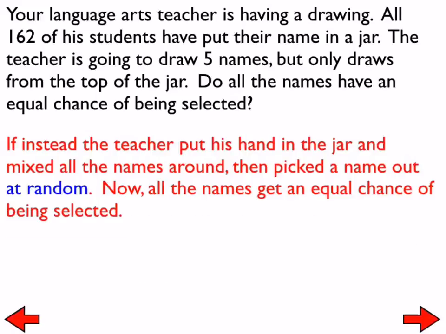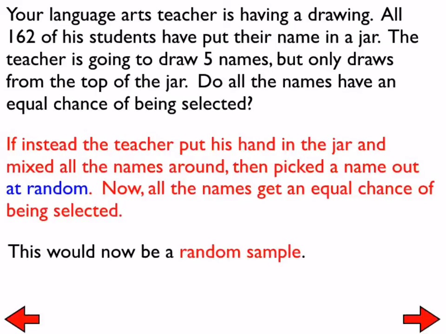All right. So if instead the teacher puts his hand in the jar and mixes all the names around, then picks a name out at random, now all the names have an equal chance of being selected. Okay? This would now officially be a random sample.